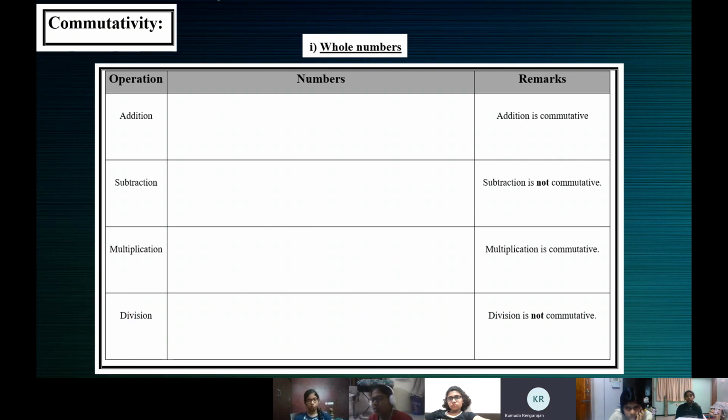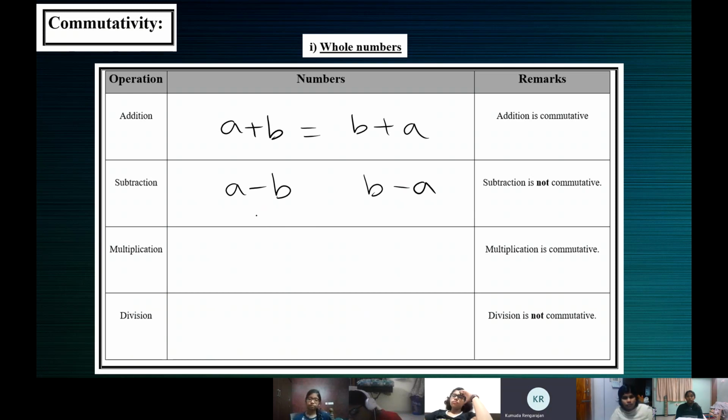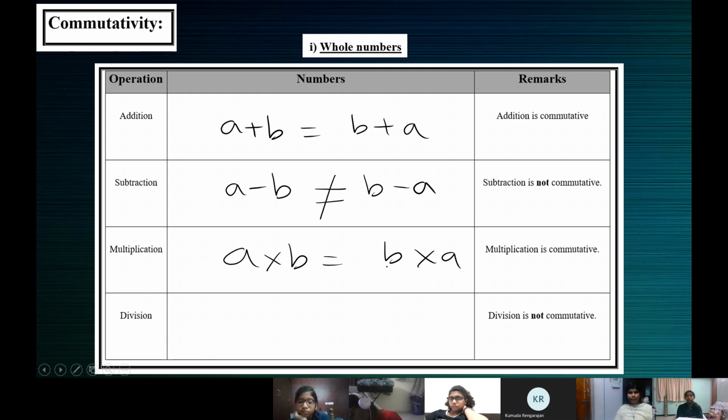So for whole numbers, any order you add, you will get the same answer: A plus B is equal to B plus A. When you subtract two whole numbers, A minus B and B minus A, you will not get the same answer, so they are not commutative under subtraction. Multiplication: A into B is equal to B into A. Commutativity means any order.